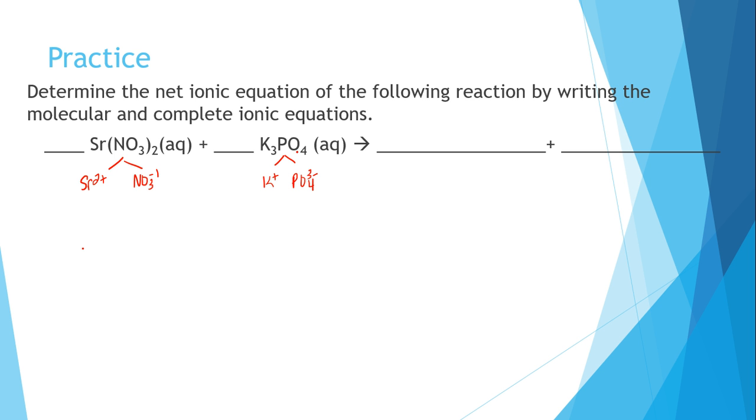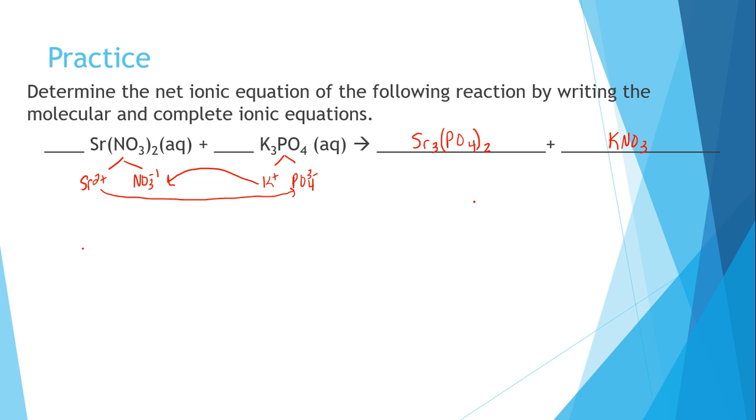From there, I have to recombine. So remember, strontium is going to go to my phosphate over here. So I get Sr3, because that 3 drops down, PO4, and since I'm dropping down a 2, I have to put parentheses around this to get my answer. Here, potassium is going to form with nitrate. They both have a +1, -1, so you can just write KNO3.